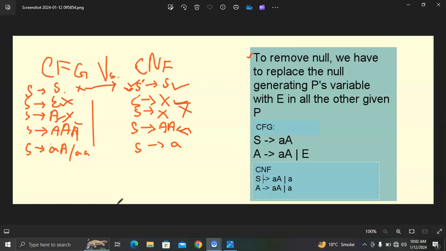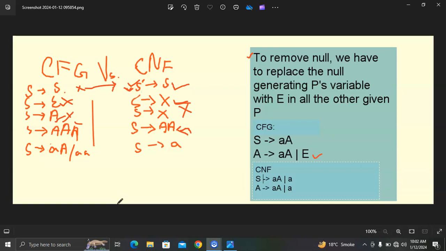So here we have been given a CFG in which the first production rule S gives small a and a capital A. Again, in the second production rule, A gives a small a and capital A bar epsilon. So here we find the null production.